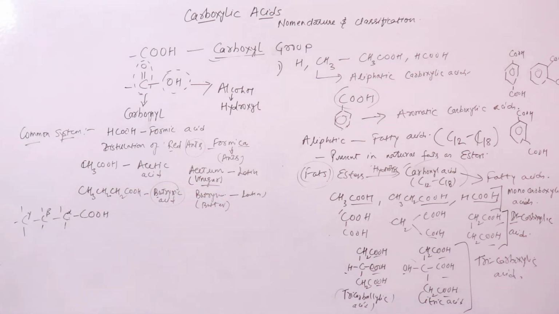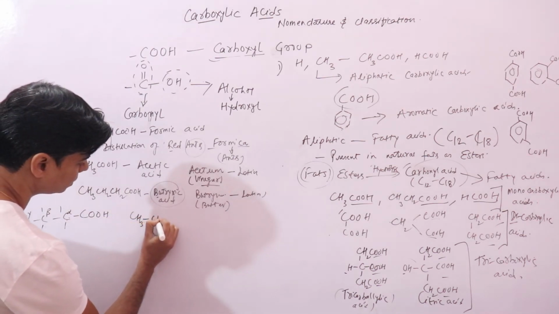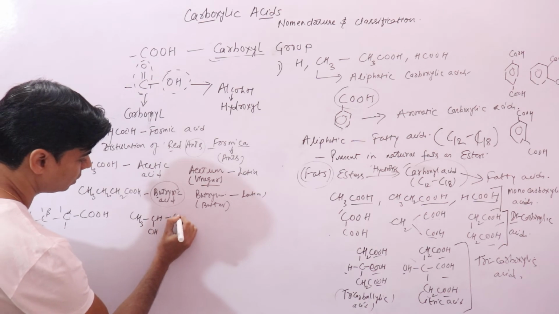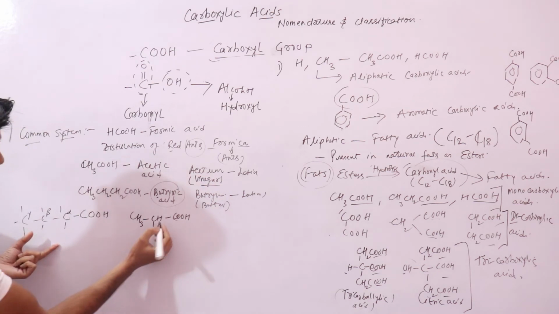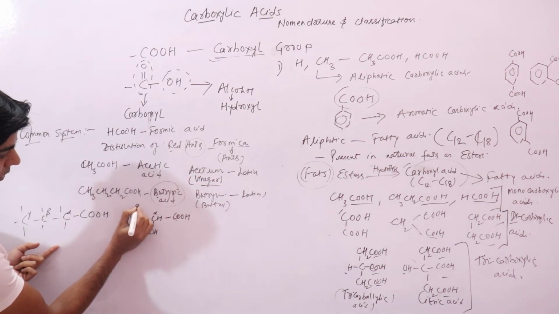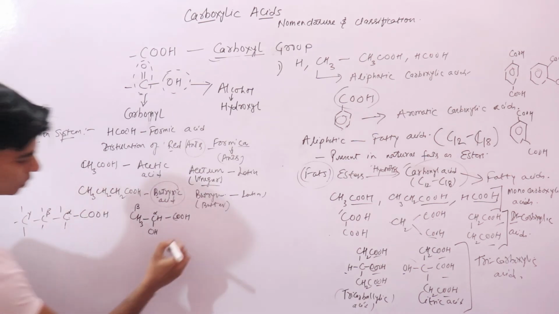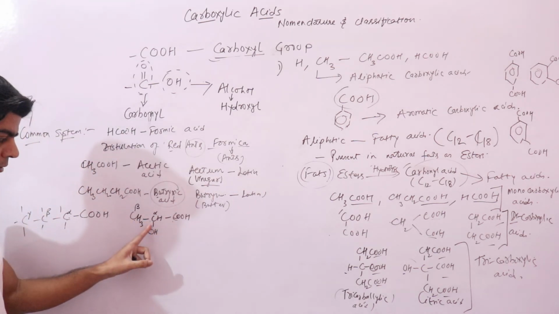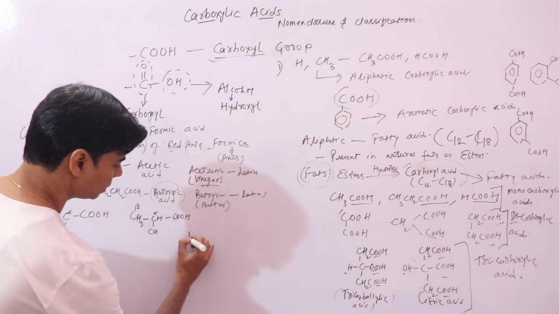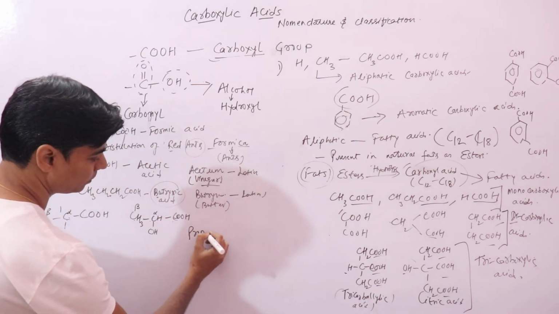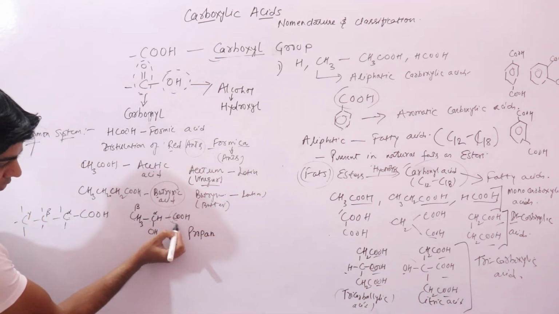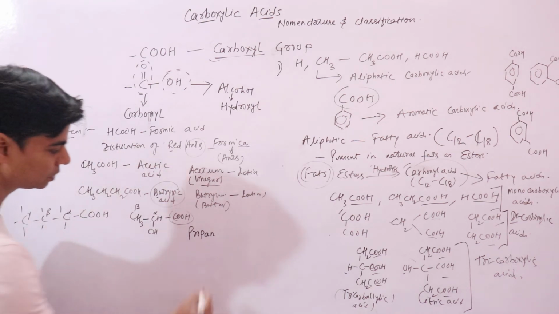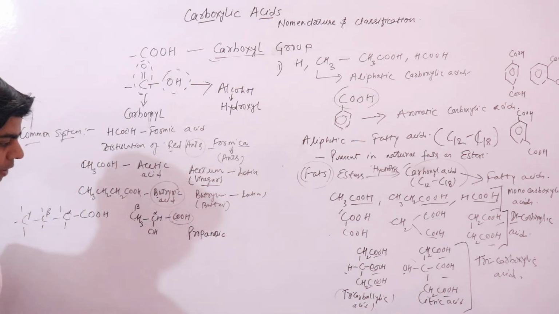So if I take an example of an acid, CH3CHOHCOOH, how will you name it? Based on this system, this would be alpha, this would be beta, right? So this is 1, 2, 3. The longest chain contains 3 carbon atoms. Now it has a COOH group, so this is propanoic acid.